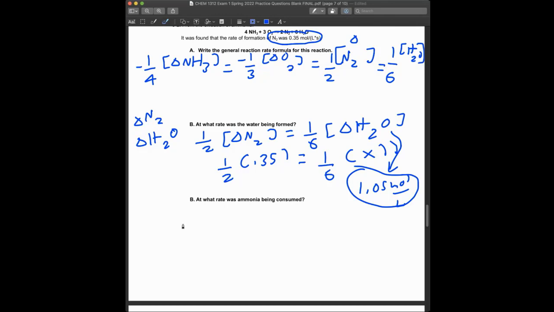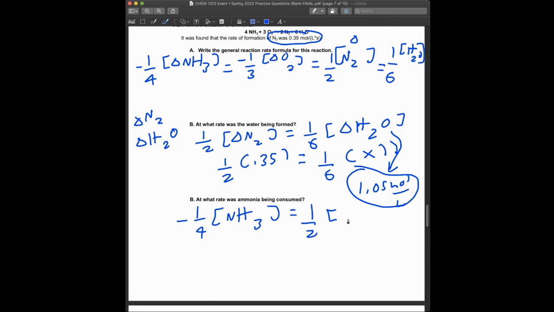Okay, so the way you would approach this is that you take the formula for, well, we're asking for ammonia, right? So ammonia, and the equation is this, is equal to the something that we need.